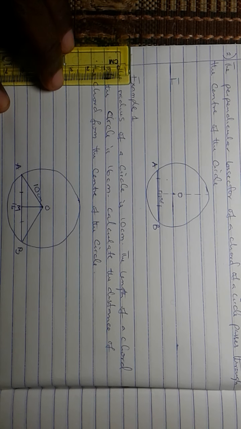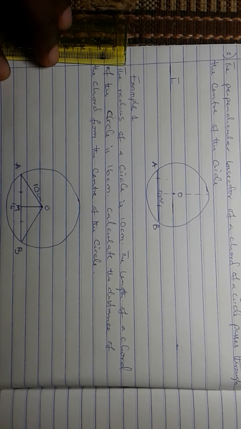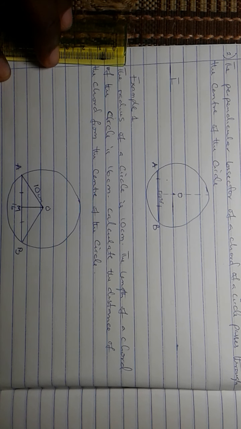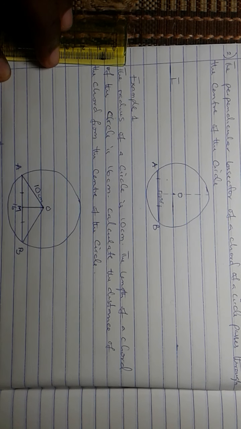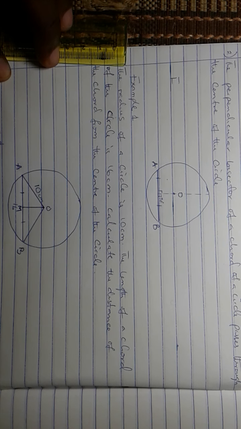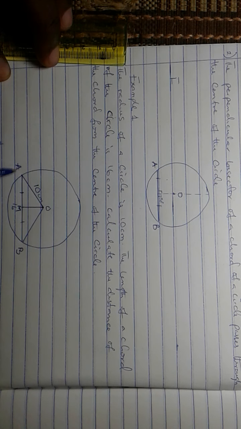That means AB, the length of the chord, is equal to 2 times AM, because AM and MB are equal.